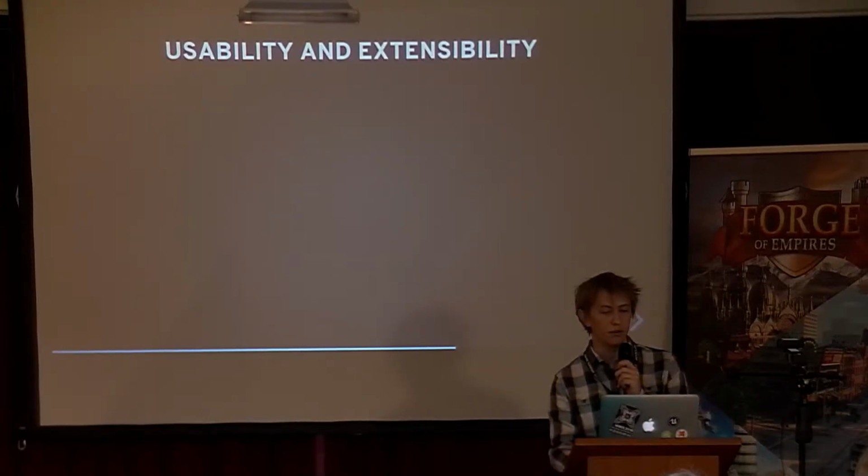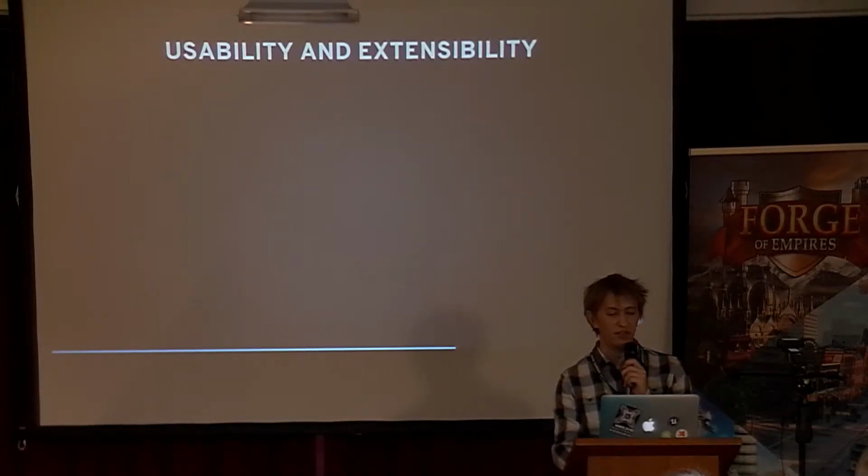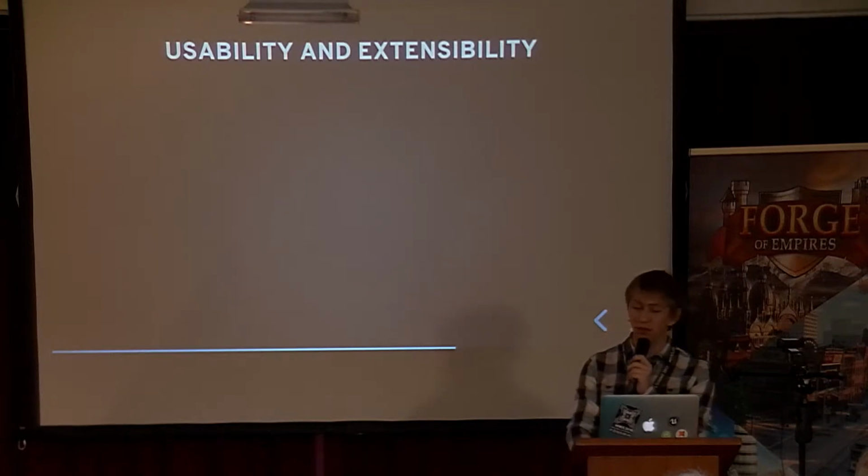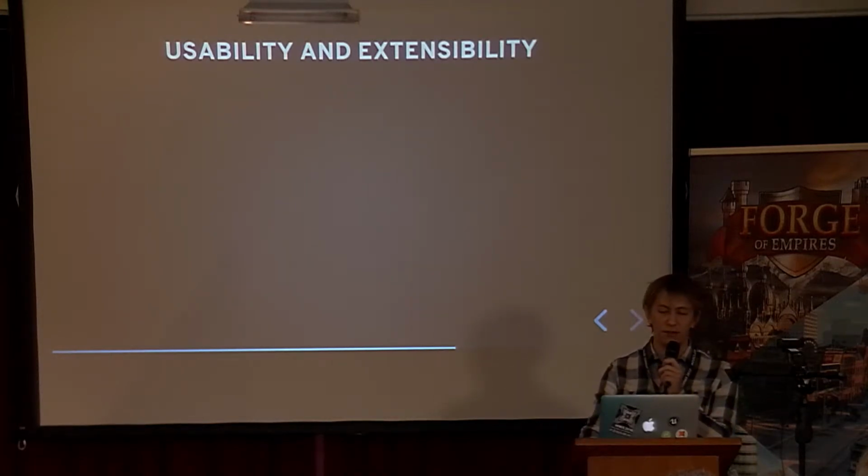So, usability and extensibility. We are working on making vshaxe usage as frictionless as possible. As we know, Haxe doesn't have any standard project file besides the XML files, which are basically just a list of compiler arguments.